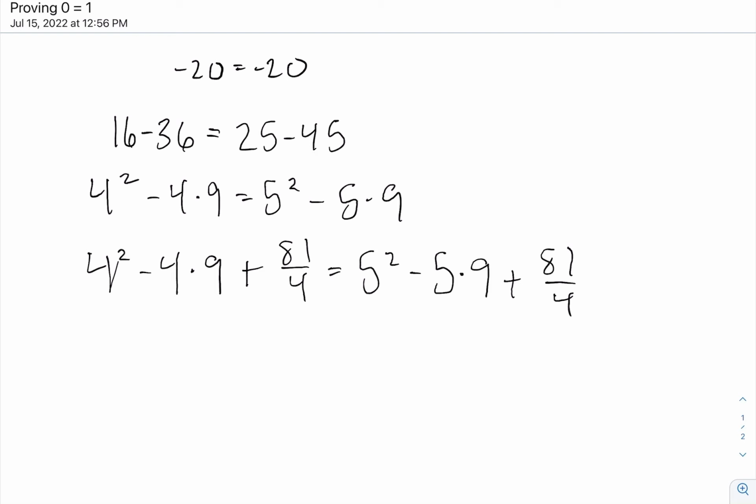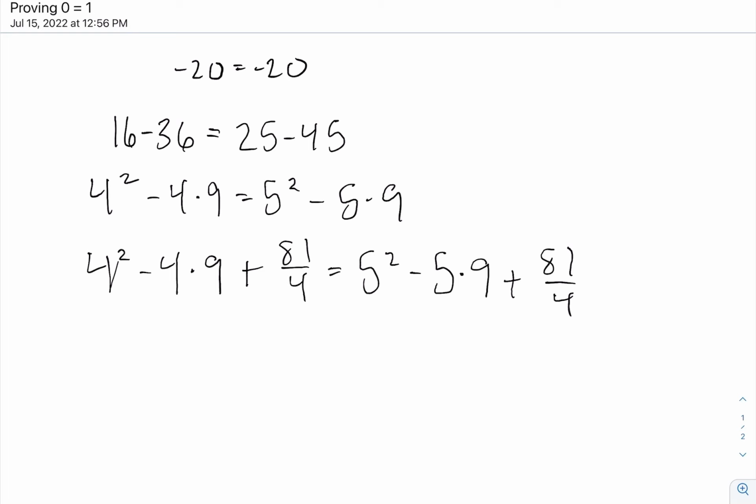We're not changing anything. We literally just squared a 4 to get 16, and we multiplied 4 by 9 to get 36, right? So the left side is all good. 25 minus 45 is negative 20. 5 squared is 25. 5 times 9 is 45. Then we just added the same thing on both sides, so obviously we didn't change the value of anything.